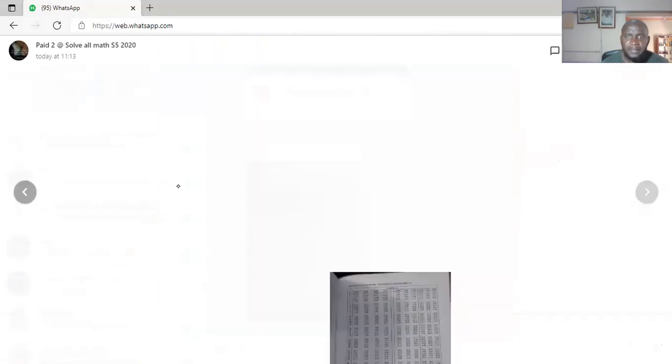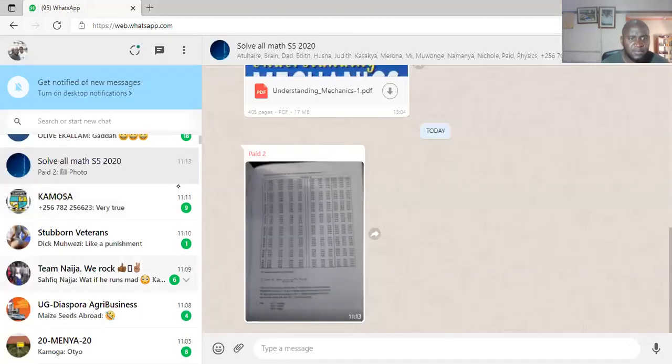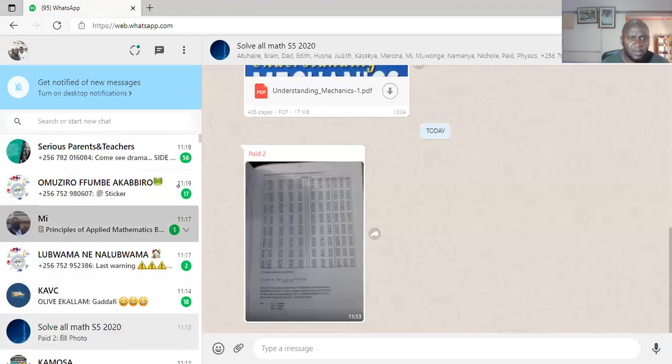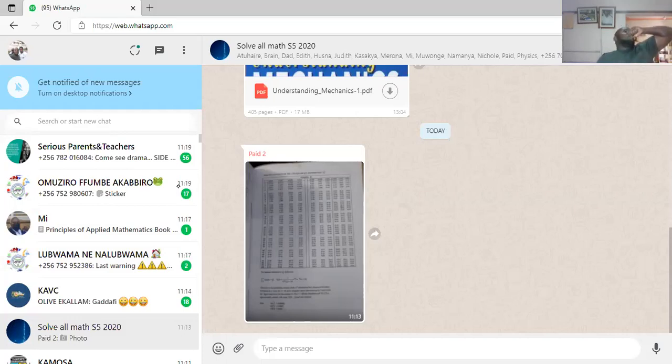Share page 50 and page 51. I'm assuming you have the advanced level four-figure logarithmic table.